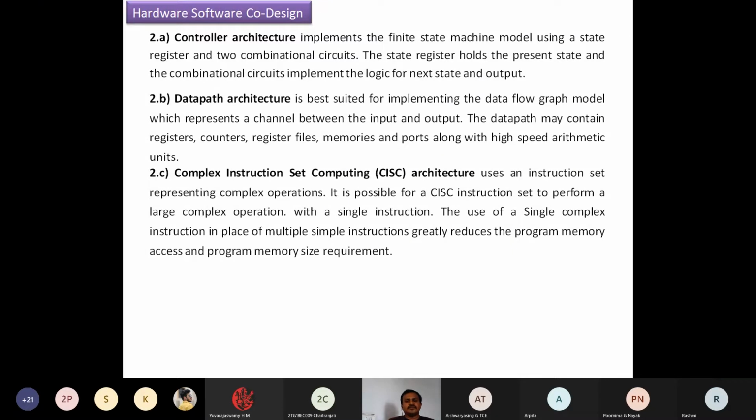The use of this single complex instruction in place of multiple simple instructions, what we are going to observe in RISC, greatly reduces the program memory access and program memory size requirements. So we may design the architecture based on the computation methods, RISC or CISC.